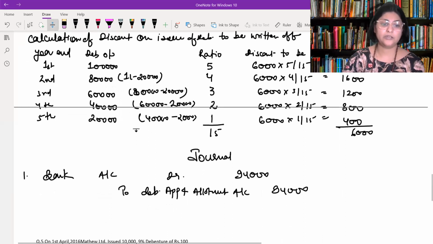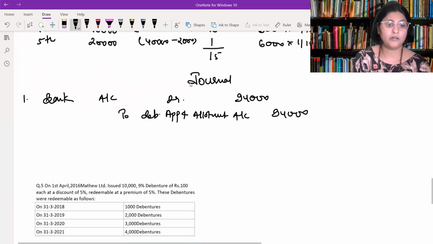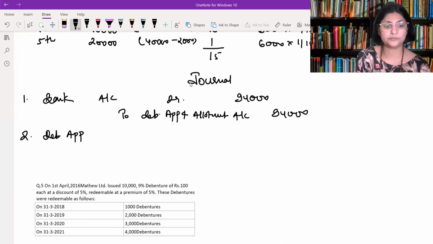The next entry will be of transferring this to the debentures account. So debenture application and allotment account will be debited. Discount on issue of debenture account will be debited.